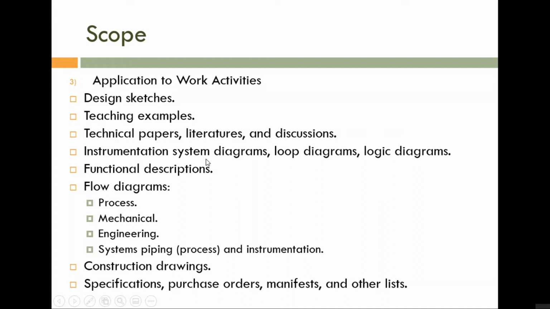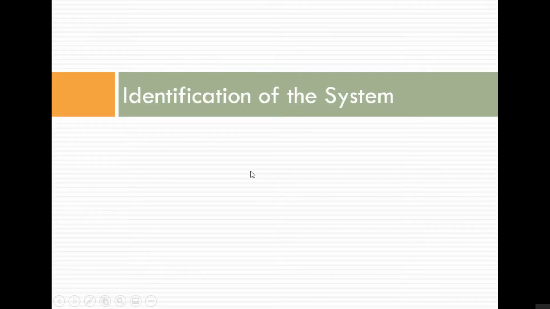So up to this point we discussed scope, purpose and application. Now we are going to discuss the ISA symbol: how to identify a system by using the ISA standard. From this point we are going to start our ISA standard. How to identify a symbol.